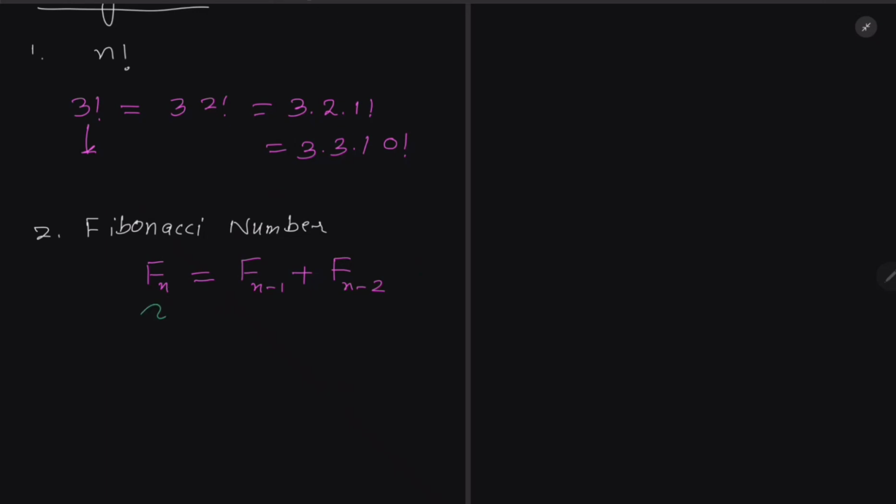If I put n equal to, for example, 3, then we have F3, F2, F1, and you see that we have to find the values of F2 and F1 so that we can get the value of F3. In the Fibonacci number, the base case is, for example, f of 1 is equal to 0, and f of 2 is 1.